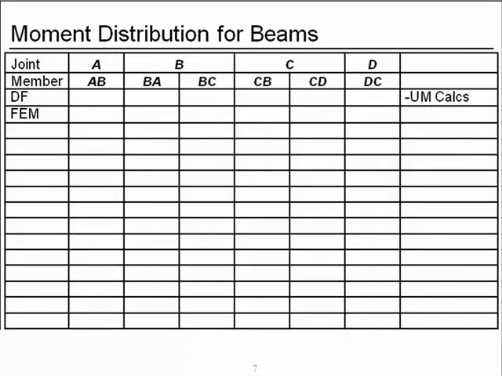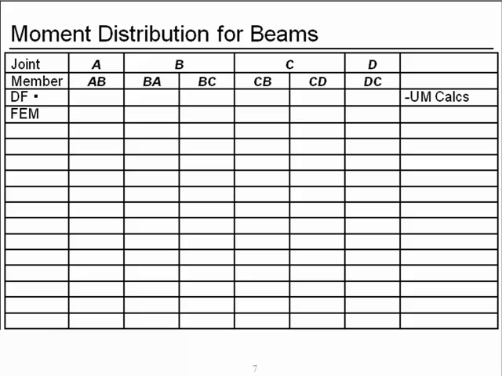Now it's time to begin moment distribution. I've put together a chart that we can fill in so that we can keep all of our numbers lined up, and I've input already the 4 joints or nodes to our indeterminate beam and the members coming and meeting at each of those nodes.